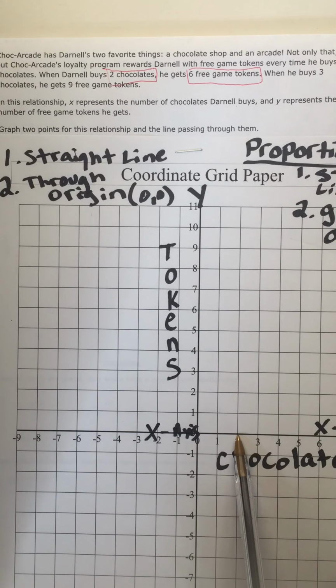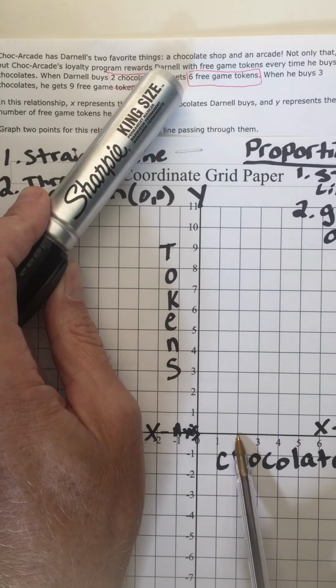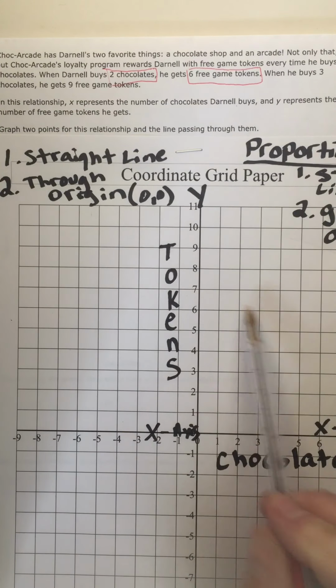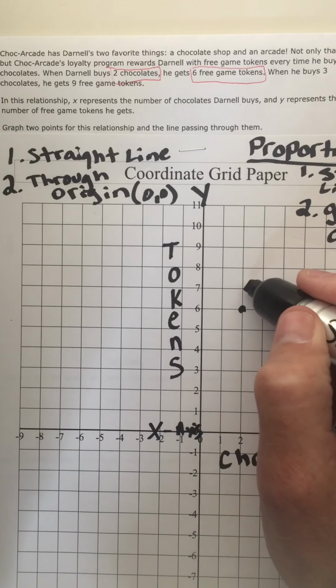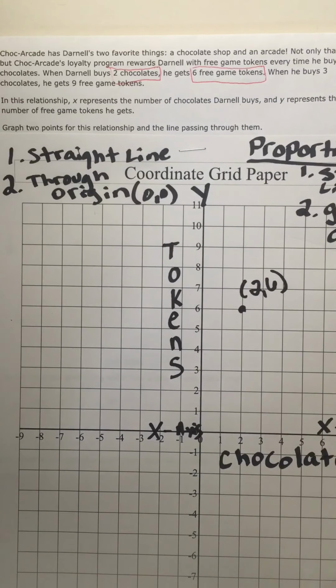And then if he gets 2 chocolates, he gets 6 free game tokens. So 1, 2, 3, 4, 5, 6. I will mark that, and I will label that as (2, 6). So that's the first portion of the problem.